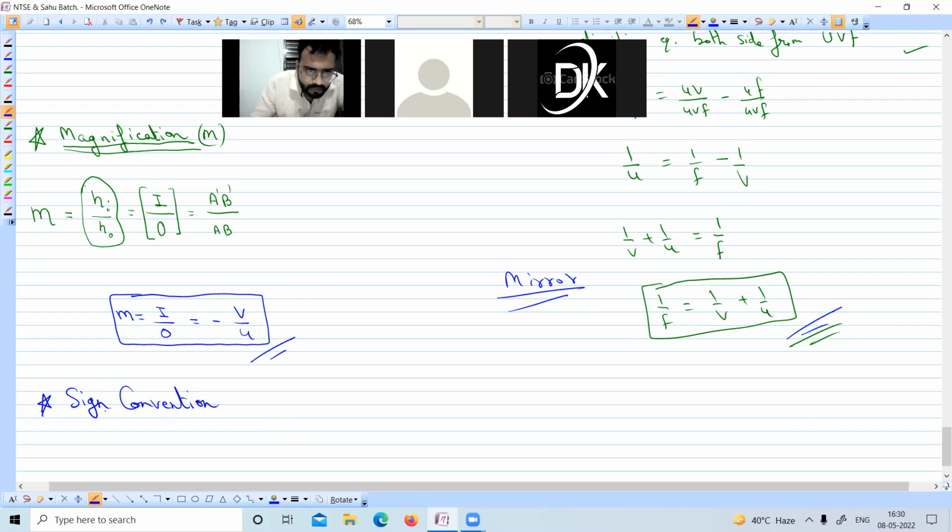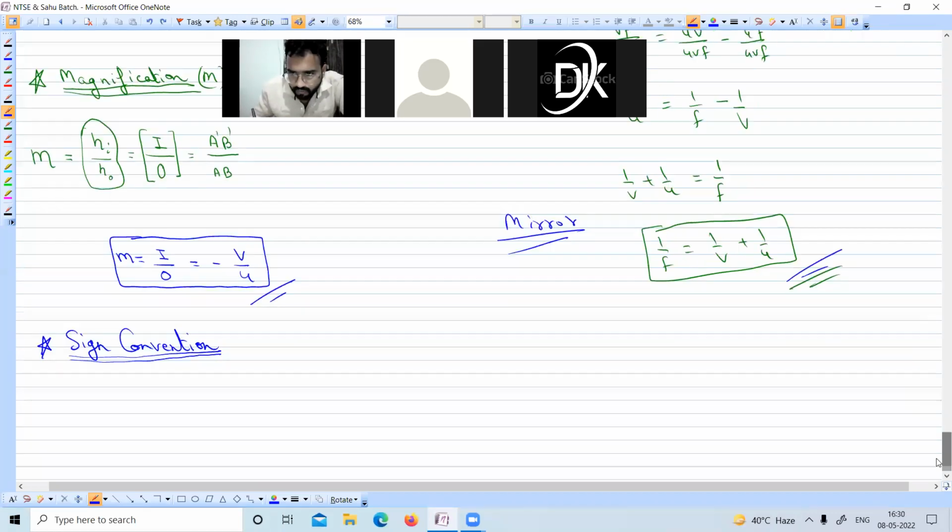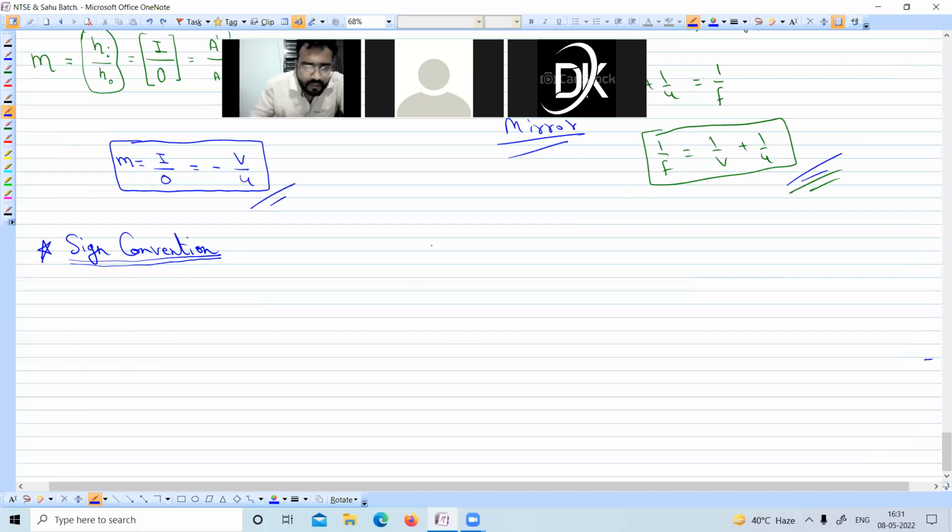Sign convention. If we talk about sign convention, we are going to use signs. How? Let us see. Do you know the Cartesian coordinate system? As you are all mathematics students, we are very much familiar with this term.